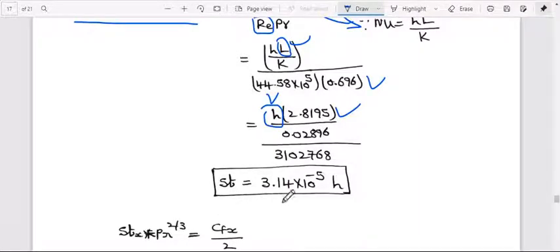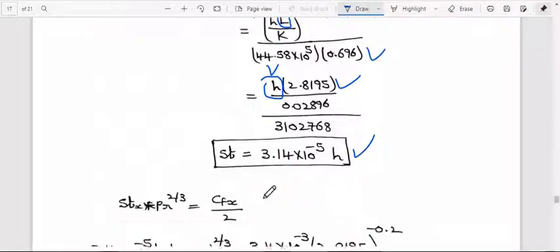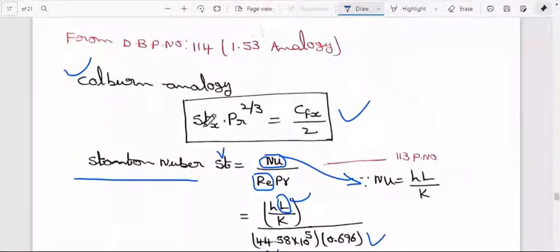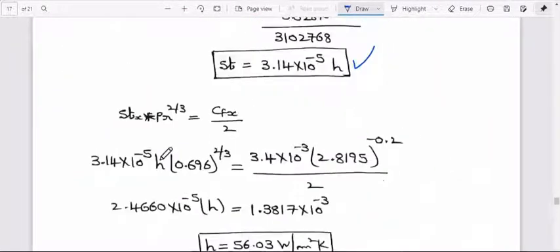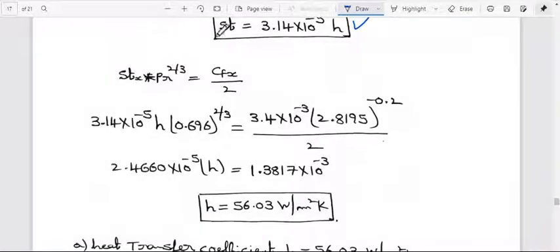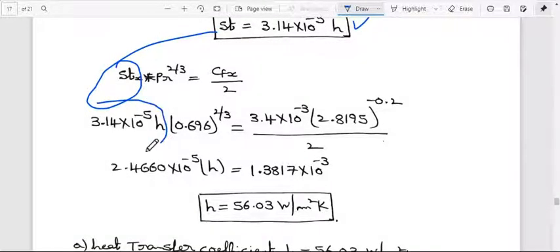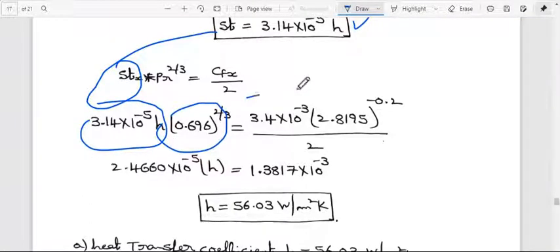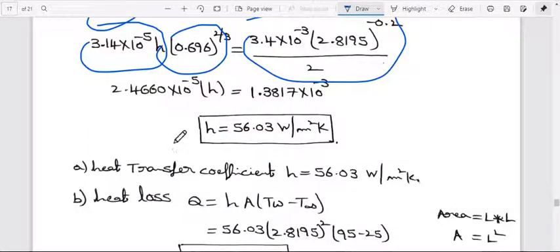We need to write ST in terms of H. So here we need to substitute the CFX value, PR number value and ST value in this equation. So after substituting these three values, H equals 56.03 watt per meter square Kelvin.